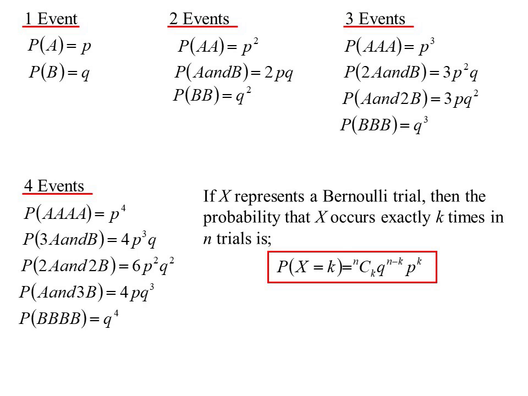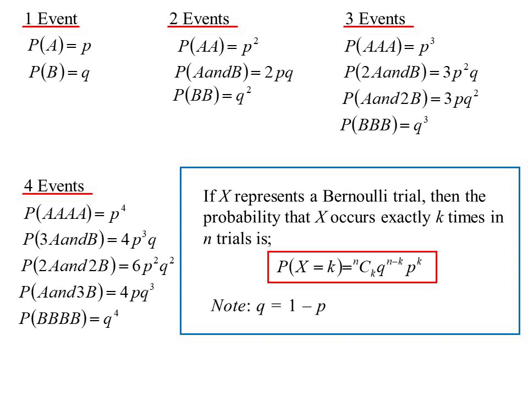So nCk, and the way I always think of it is the probability of it happening to the number of times it happens. So p to the power of k, then therefore q must be to the power of n minus k, because they've got to add up to be 1. The biggest mistake on these is forgetting the binomial coefficient, because there are different ways. We're not interested in the order they happened, just how many times they happened. Q, remember, is simply 1 minus p.